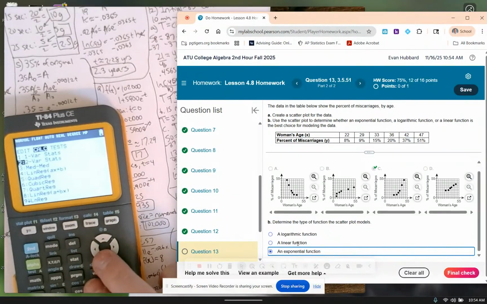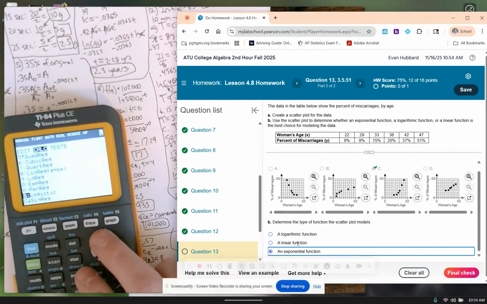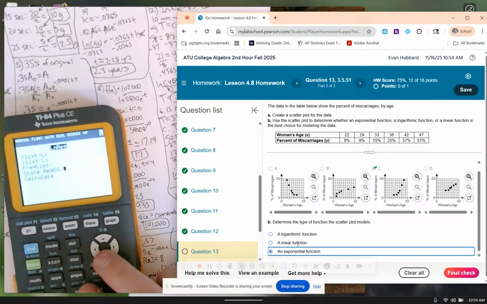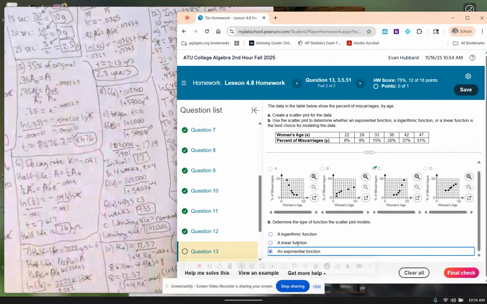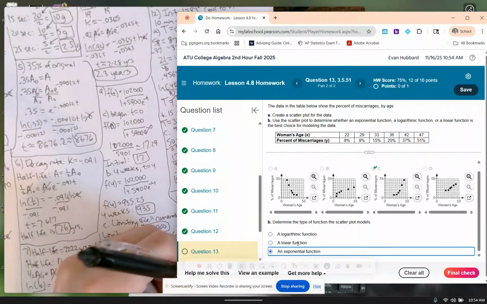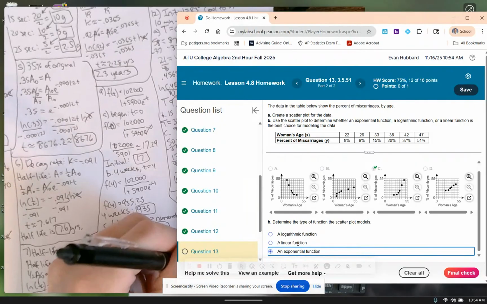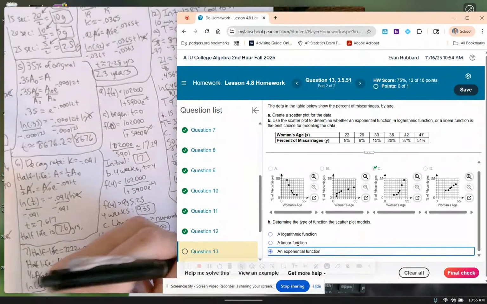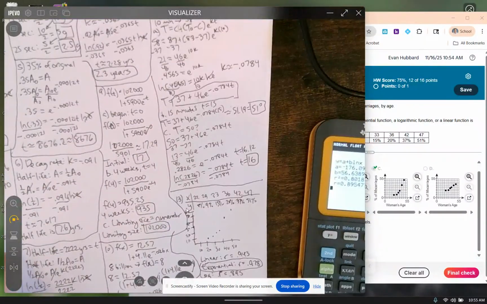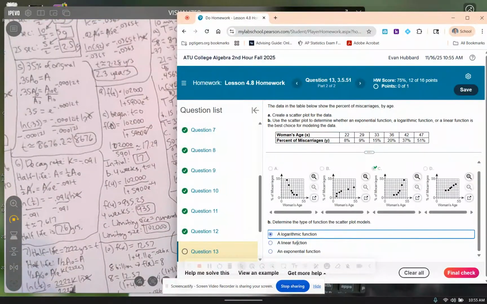So that's what I was guessing, but you never know with this. And so next we're going to look at logarithmic. Let's do LnReg. 0.895. So exponential's the winner here because it has the highest R value. So it's an exponential function.